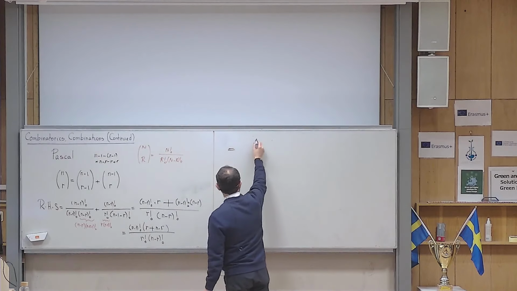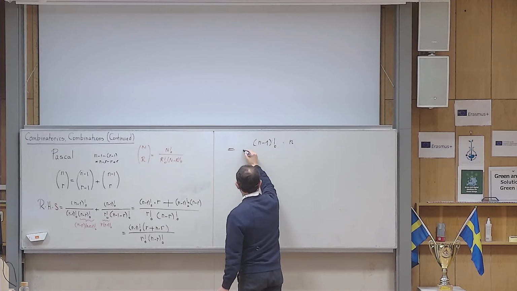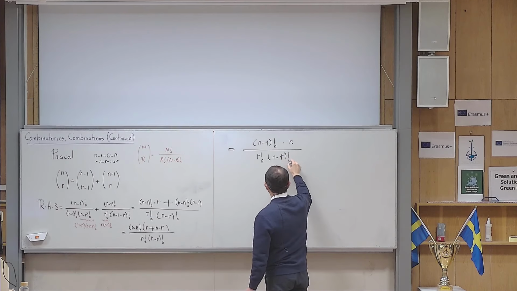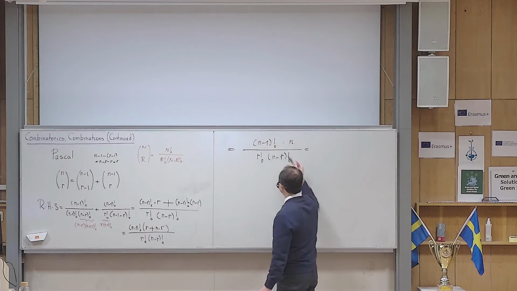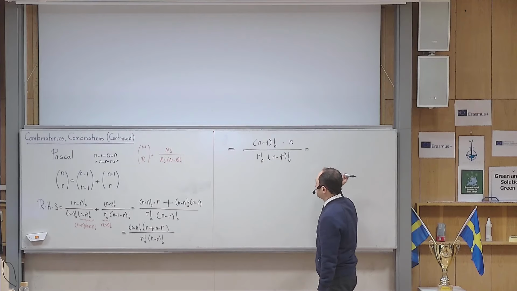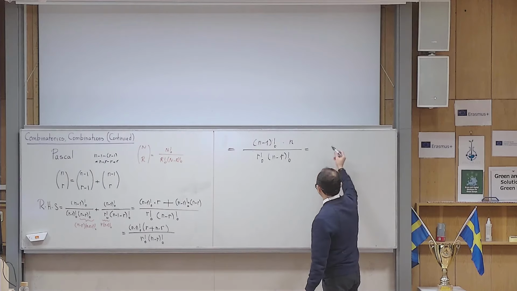So it becomes n minus 1 factorial multiplied by n, divided by the denominator, r factorial n minus r factorial. Yes? But can I combine these two? Yes. n minus 1 factorial means multiplication from 1 up to n minus 1, and then I am multiplying by n. So if I combine them, it simply becomes n factorial divided by r factorial n minus r factorial.